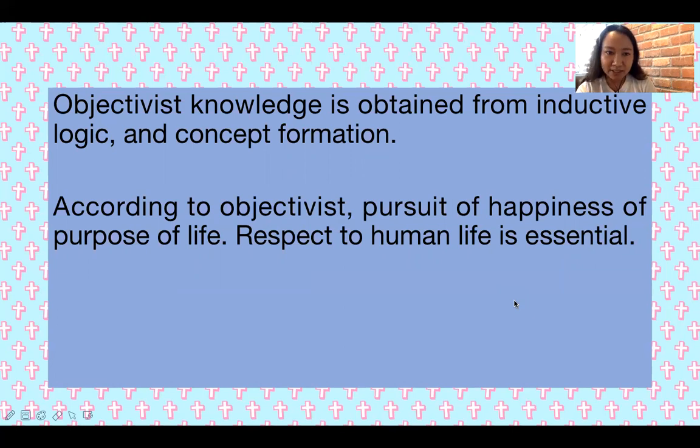So when we say that a certain logic is inductive, we are actually referring to the act of making a generalized conclusion based on a specific scenario. So from the examples we have seen, from the norms that are violated, we can come up with a general conclusion.